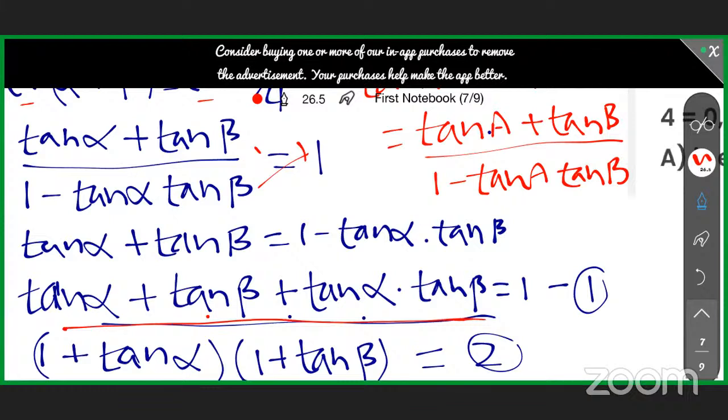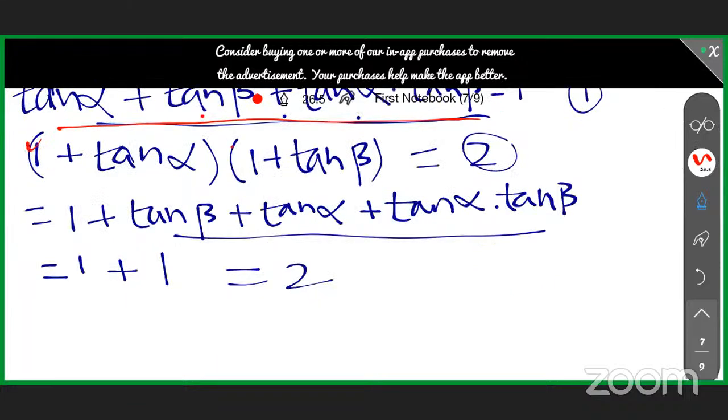But in the question they've asked us to find the value of (1 plus tan alpha) into (1 plus tan beta). 1 into 1 is 1, 1 into tan beta is tan beta, tan alpha into 1 is tan alpha, tan alpha into tan beta is tan alpha tan beta.